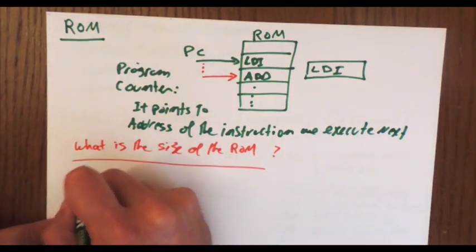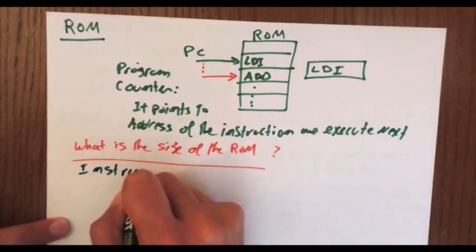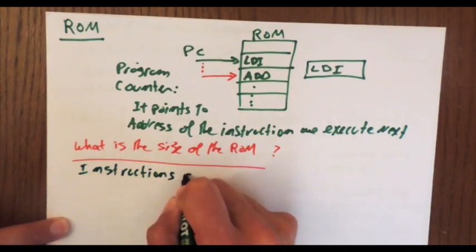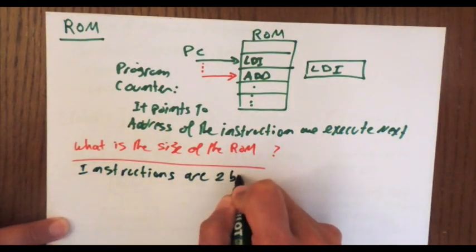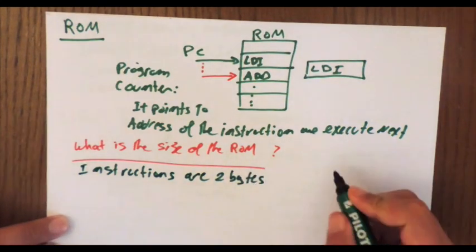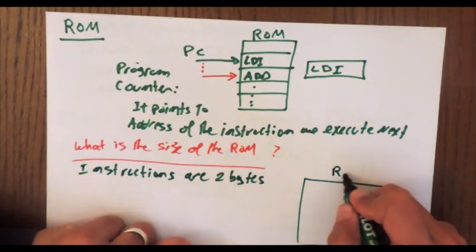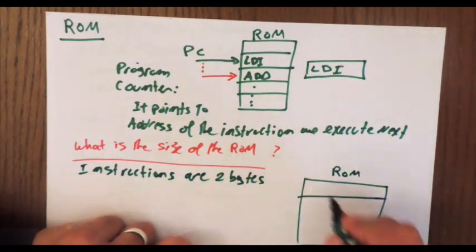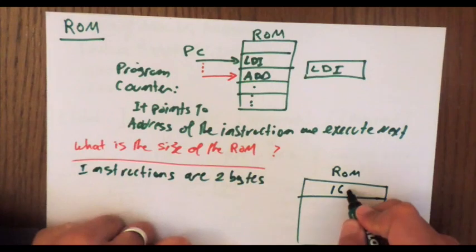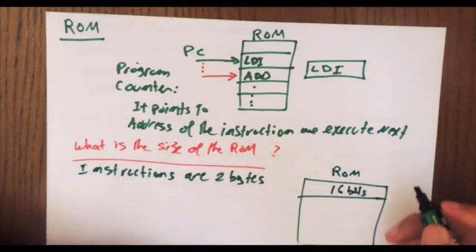So this means if I draw the ROM bigger here, this is the ROM. This is 16 bits or 2 bytes.